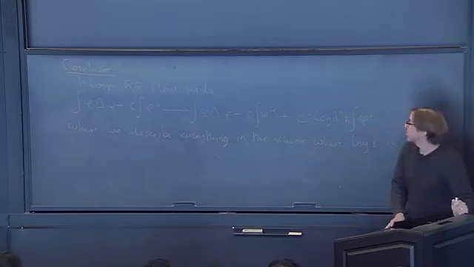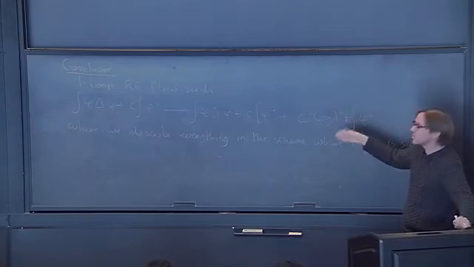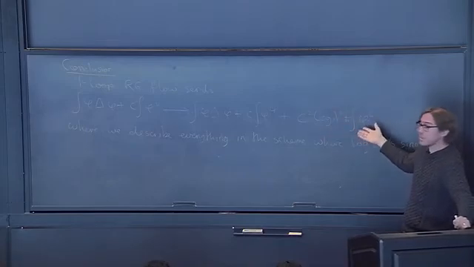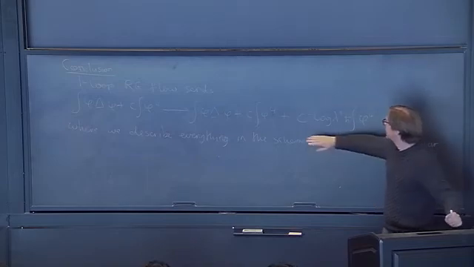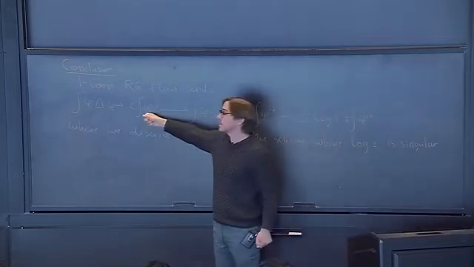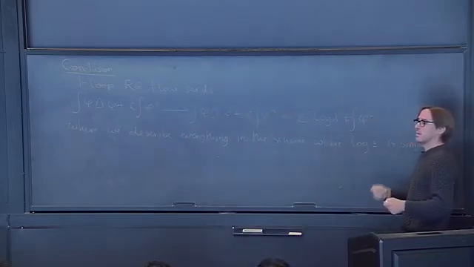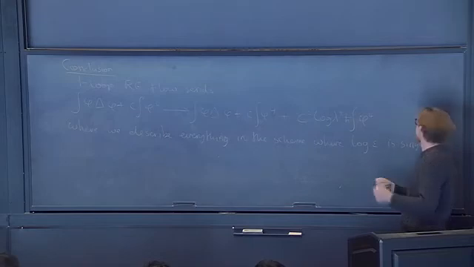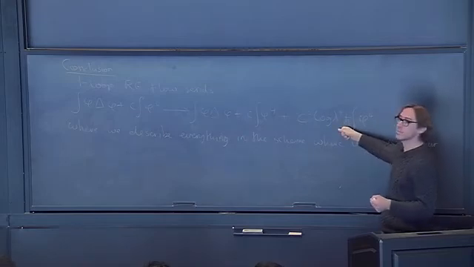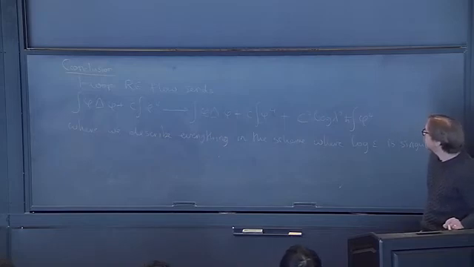So just to reiterate, to compare things we should really make sure we're in the same scheme. The thing on the right-hand side is equivalent to the thing on the left-hand side in the scheme where log lambda squared epsilon is singular. But then rewriting that in the scheme where log epsilon is singular, we pick up this term. Okay, any questions?